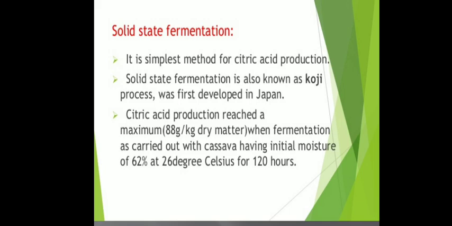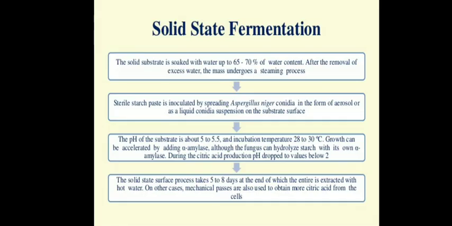Prior to sterilization, the pH of the wheat bran is adjusted to 4 to 5, and then additional moisture is added to the wheat bran, and the further process is carried out by mashing it. Now, how does citric acid production take place by using the solid state fermentation or Koji process? We will study that in detail with this flow sheet.